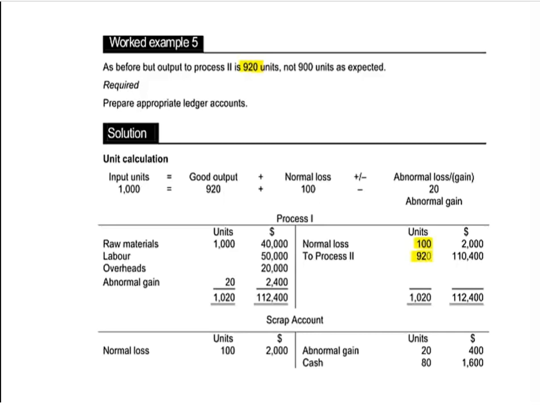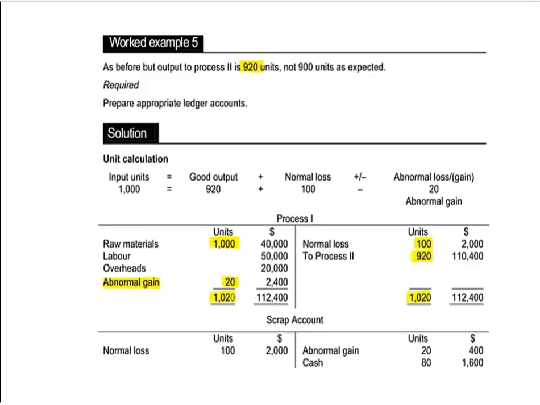So that gives us a total of 1020. Now we only put 1,000 units of input into the process, so to get things to balance we need to put an abnormal gain, and that abnormal gain goes on the debit side, and the way you can remember that is because it's the adjustment necessary to make it balance.